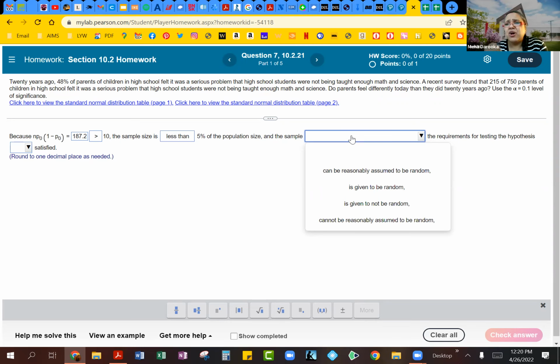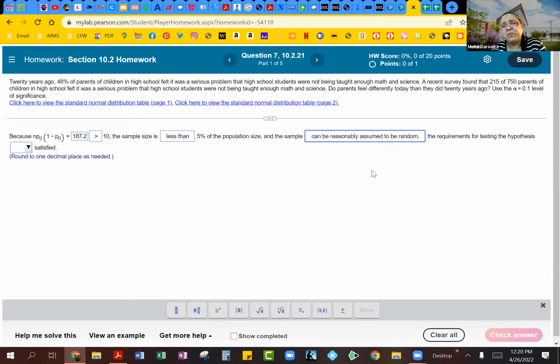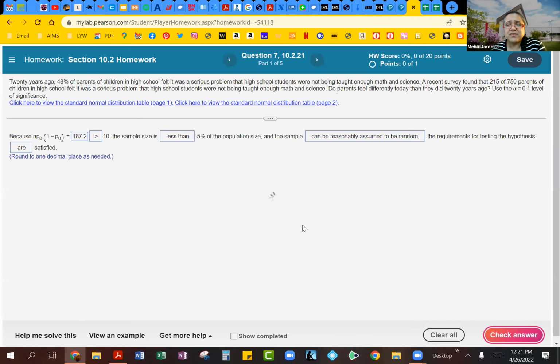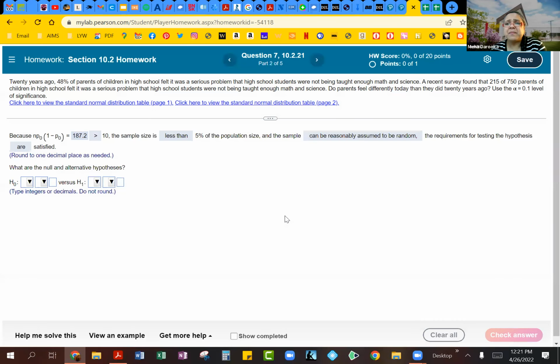They just said 215 out of 750 parents, or 48% of the parents from 20 years ago. So here, we can reasonably assume that our sample is random. And so we are saying the requirements for the hypothesis test are satisfied, so that we can actually do the hypothesis testing. So obviously some assumptions are happening here, but these are reasonable to make.